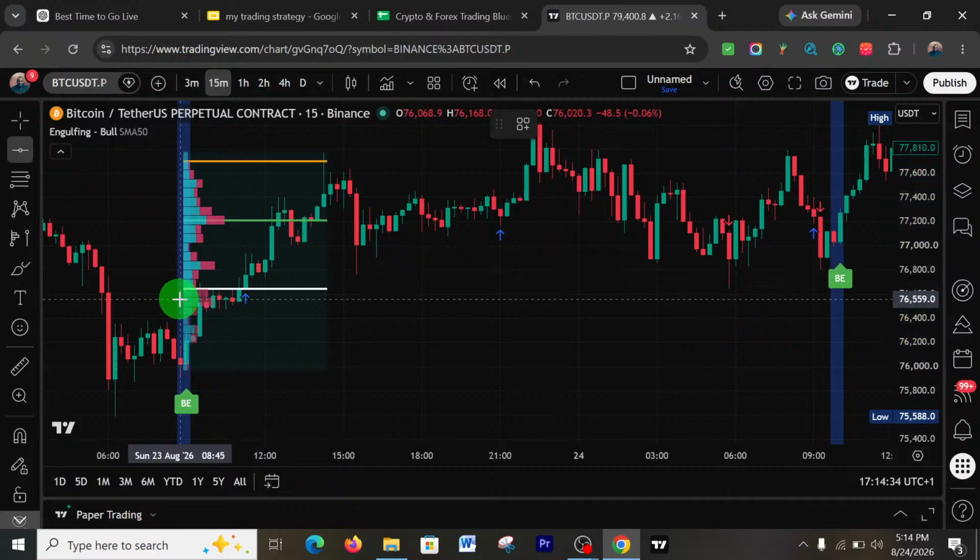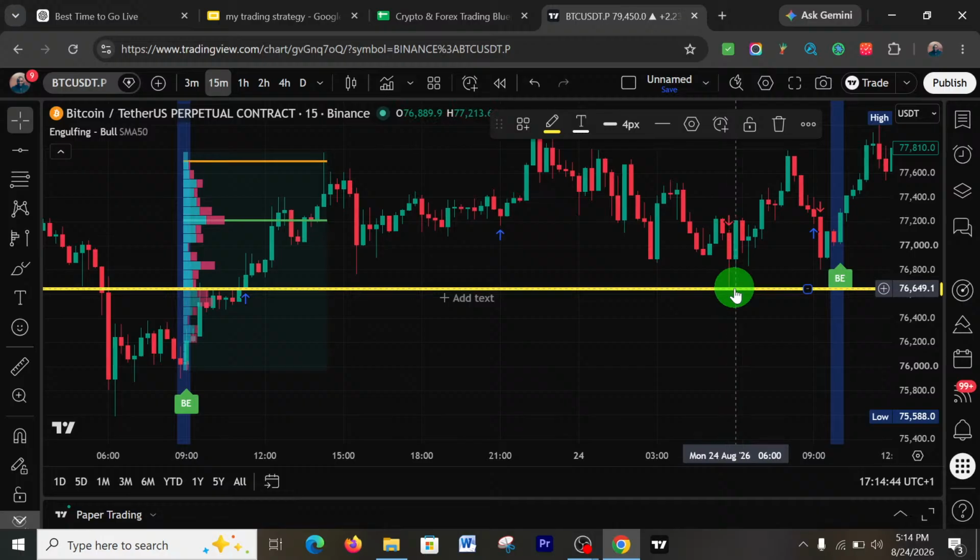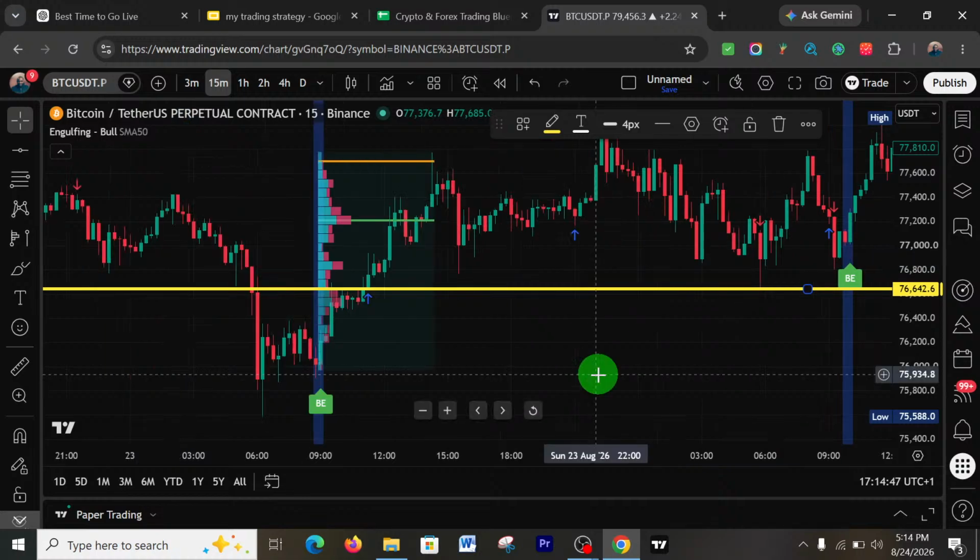If you put a line on it, you would see it got to this exact point before taking off to the upside.